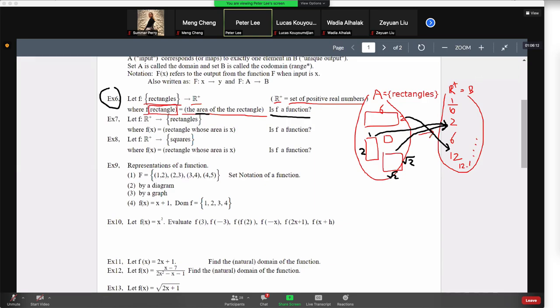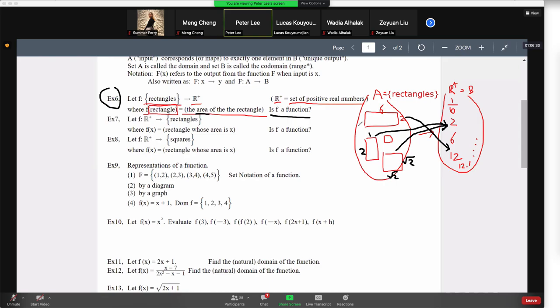Now the question is, how do we match it? For each element, that is each member in the set A, do we have exactly one item matched in set B, which is called the range? If everybody in A matches exactly one element in B, that's what we call a function.